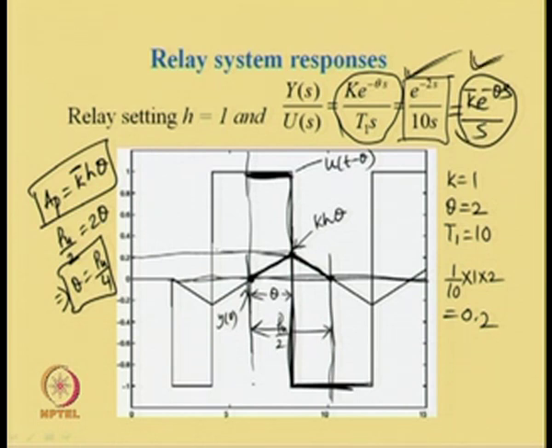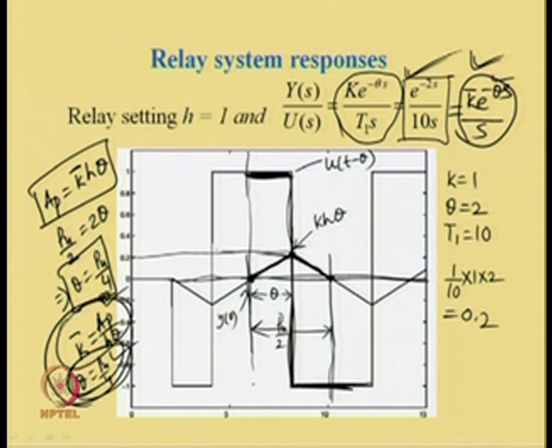We have got two parameters now, k bar and theta. So, k bar can be estimated as k bar is equal to A P by h theta, and theta is equal to P u by 4. Like the earlier case, first measure the period divided by 4, that will give the time delay of the transfer function model, and again use the other expression to find k bar.